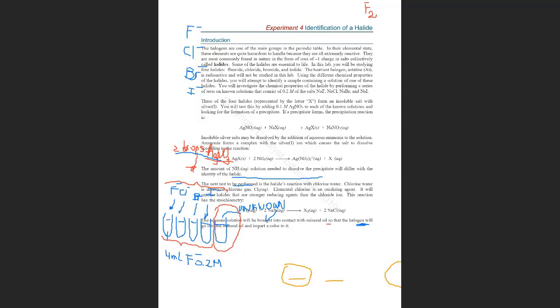And then what do you do in this second experiment? Once you add the different halides, you are going to add mineral oil. I will explain very soon. So you will have this aqueous, and then you are going to add mineral oil.